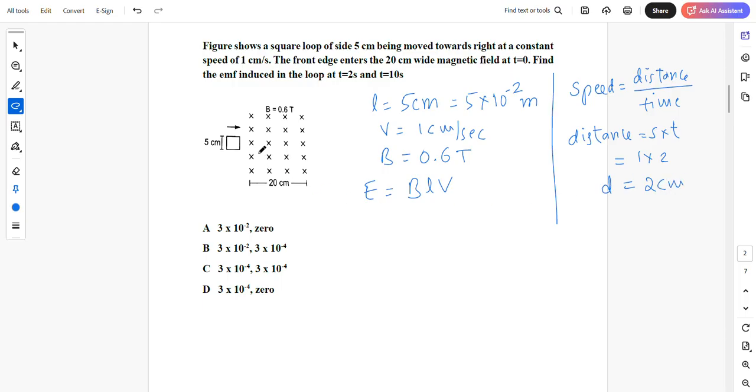In the first case, it is entering 2 centimeters into the magnetic field. Now, how much is E? E is equal to B, 0.6, into length of the square, 5 into 10 to the minus 2, into V, which is 1 into 10 to the minus 2 meters per second.